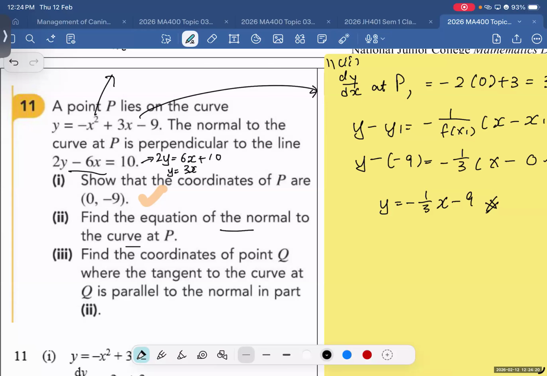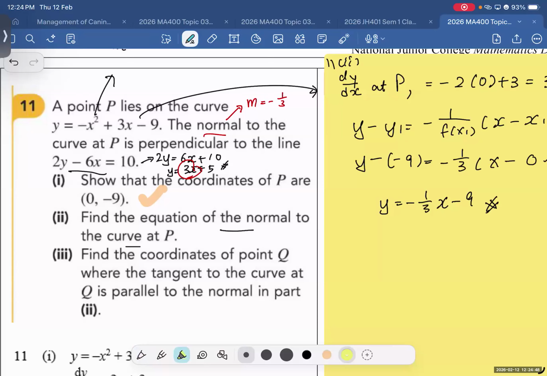So if my normal is perpendicular to this line, what's the gradient of my normal? That means the gradient of my normal should be negative 1/3. A lot of times you will find that in math questions, they make the English very difficult to understand. That's why you have to unpack the question slowly.